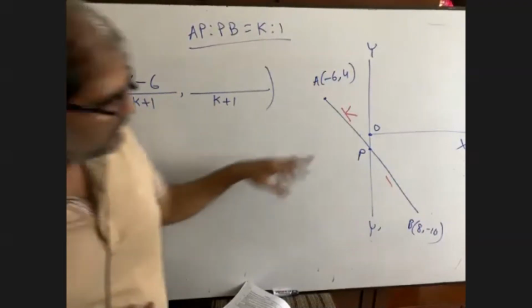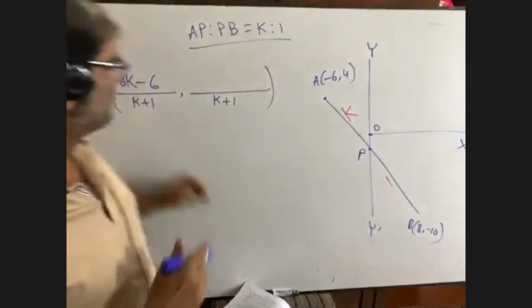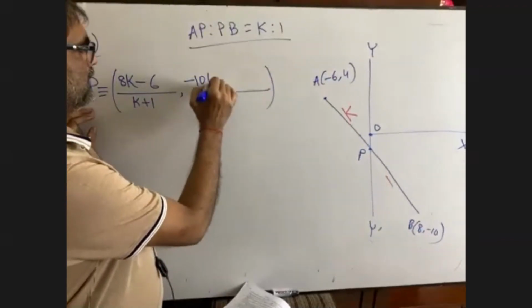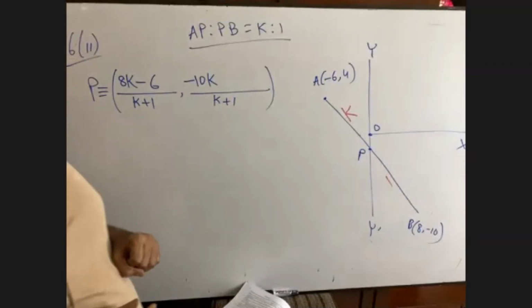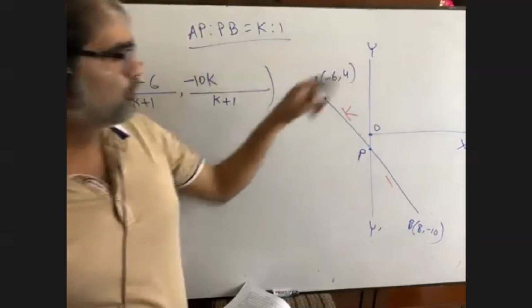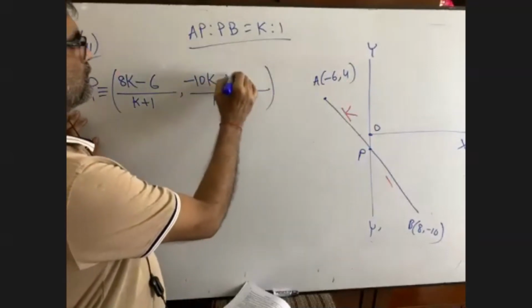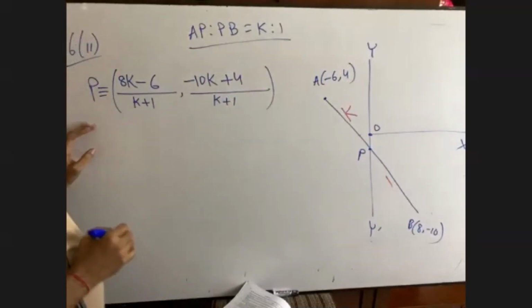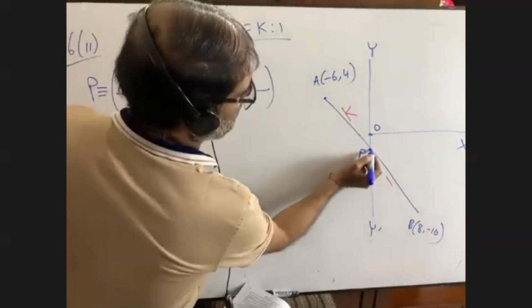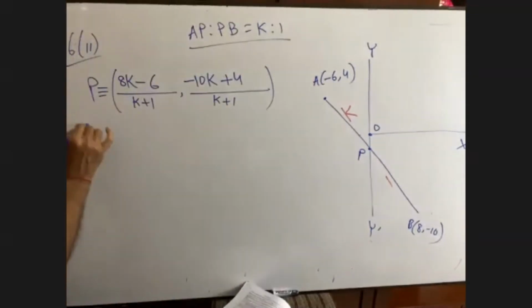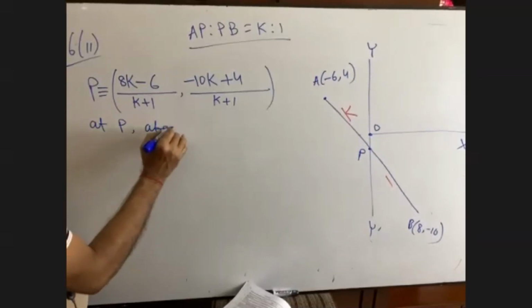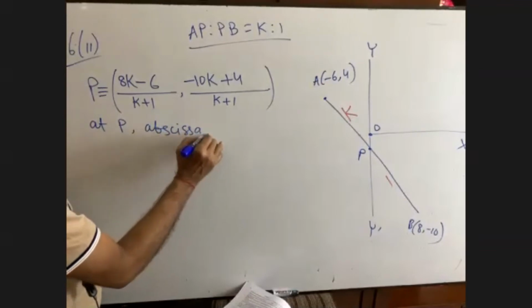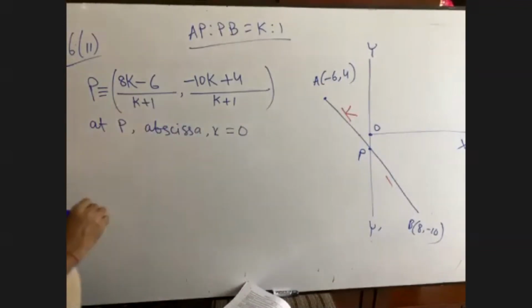Again you write down K into minus 10, that is minus 10K. And you have to write down 1 into 4, that is plus 4. Okay, here x is 0 at P, abscissa, comma x equals to 0.